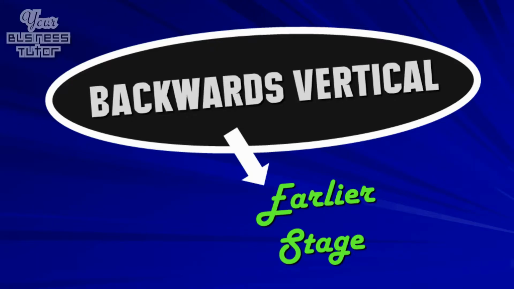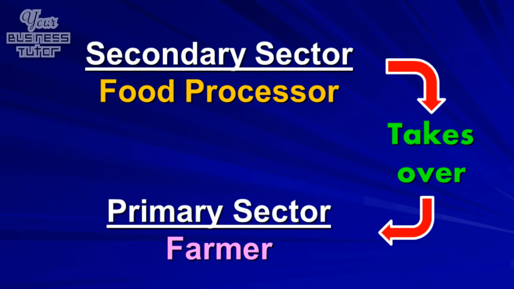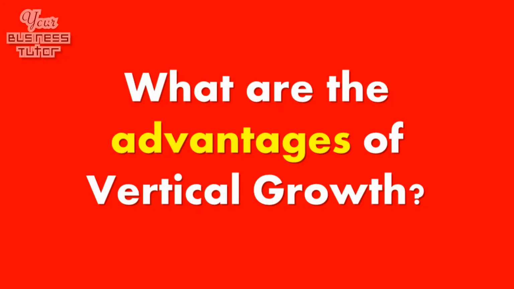And second, there is backwards vertical integration, which is when a business purchases one before it in the chain of production. For example, if a secondary sector organisation, like a food processor, purchased a primary sector business, like a farmer.